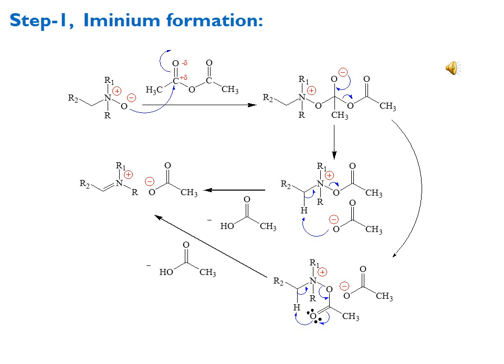You can see the lone pair of oxygen is further resonating towards the carbonyl group of the acetyloxy group, so there is much more acidic character in this alpha proton, and the acetate ion easily abstracts this proton, and we get the double bond between alpha carbon and nitrogen easily, as compared to the nucleophilic attack of this acetate ion on the other acetyloxy group.